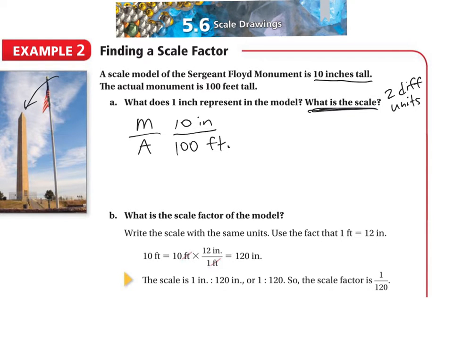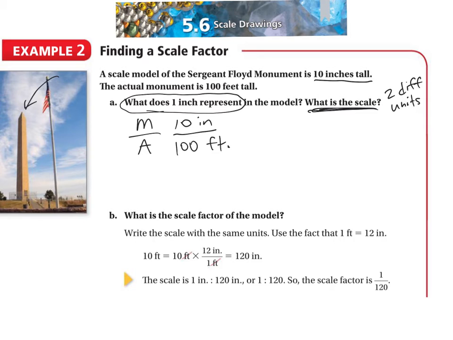Now if I were going to actually write the scale, I wouldn't write 10 inches equals 100 feet. I would simplify this, or I need to figure out what 1 inch represents. So it's kind of like a unit rate in that way.